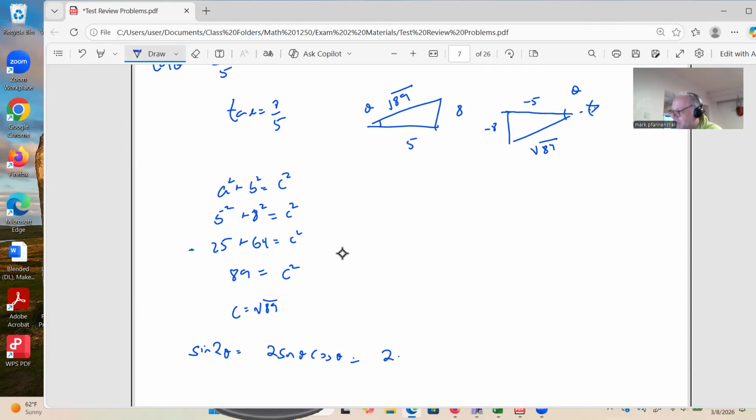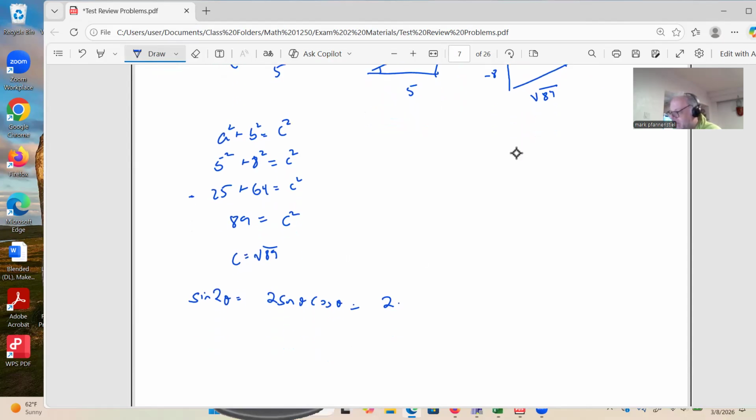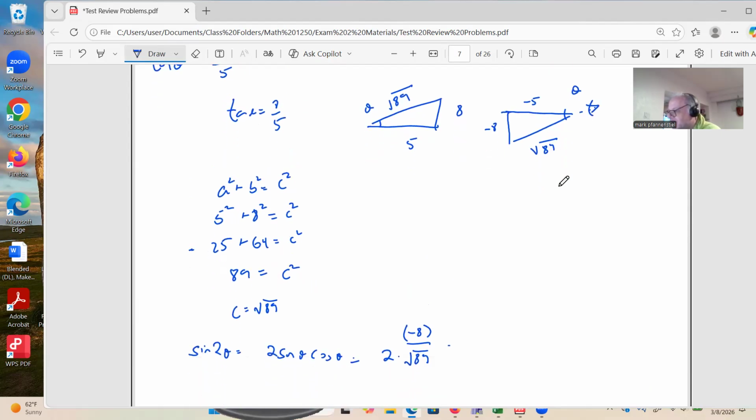The sine of this angle is -8 over the square root of 89, times the cosine of this angle, which is -5 over the square root of 89.